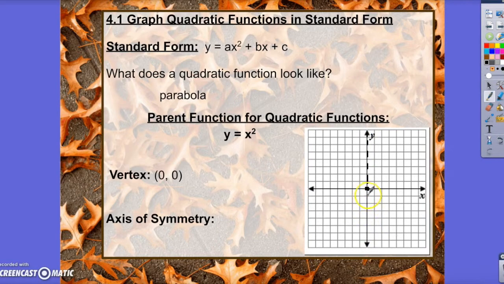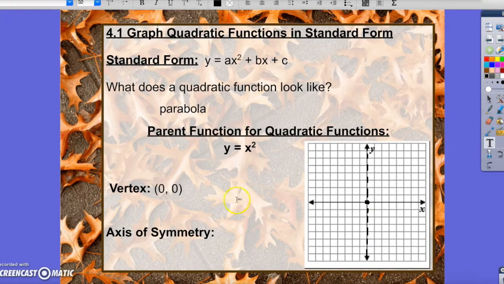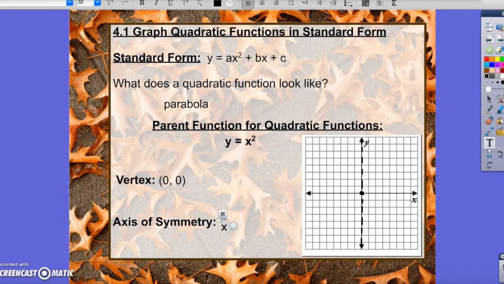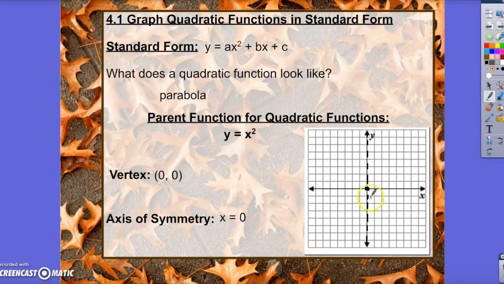It's a vertical line through the x coordinate of the vertex. So axis of symmetry, x equals 0. And I mentioned it's a parabola. It's a U-shaped graph, something like this. It's symmetric from each side.